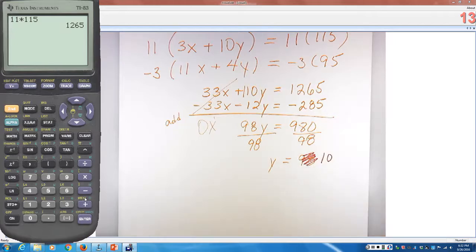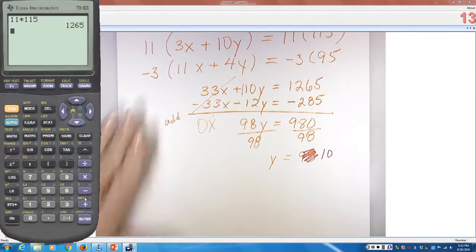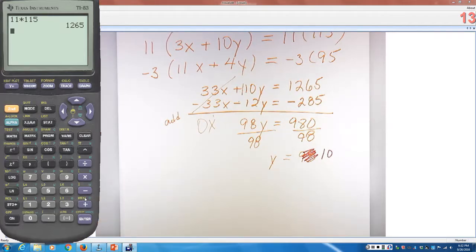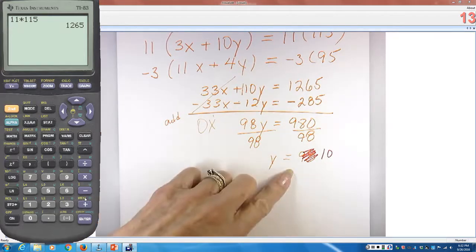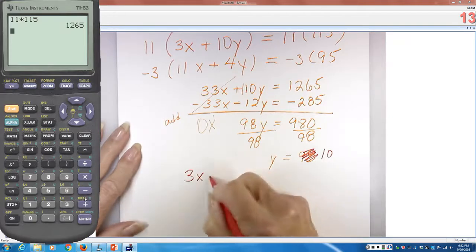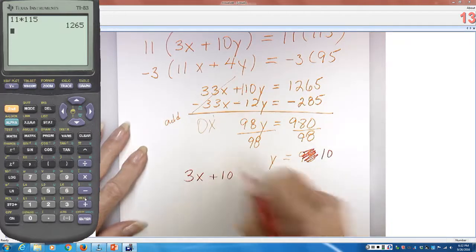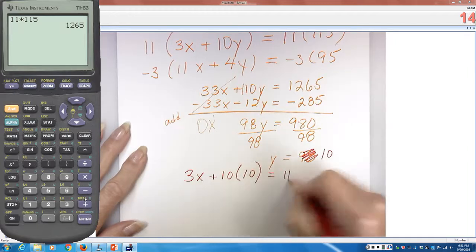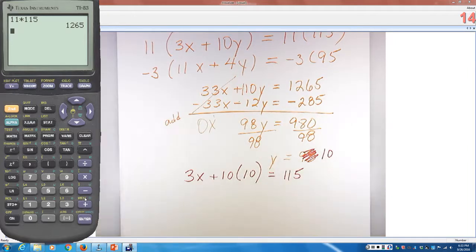Okay, so that's what I've showed you so far on the PowerPoint. Now, this is where I take off from them, because I don't like the way they did what they did. I take that y equals 10, and I go back to the first equation and I substitute it in.